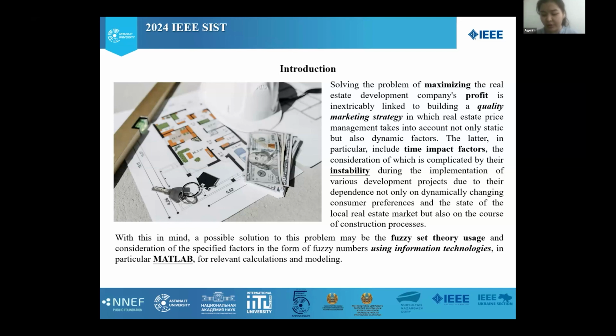In addition, despite the use of information technologies in scientific research, their results do not offer applied digitalized, in particular MATLAB-based, real estate price management tools for construction industry enterprises, in particular real estate development companies.